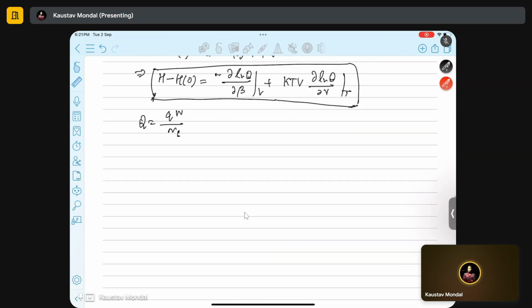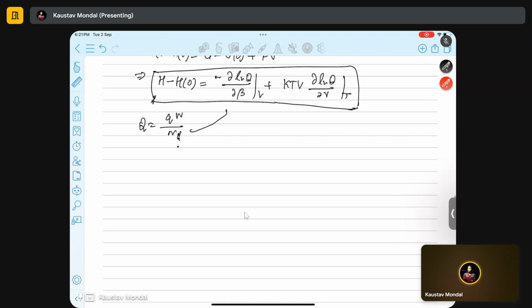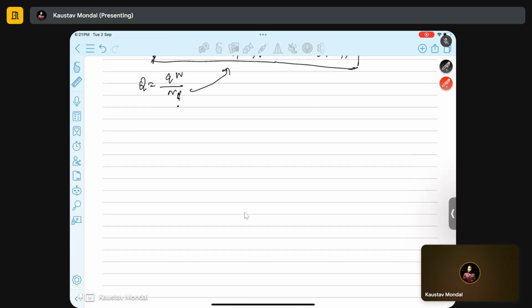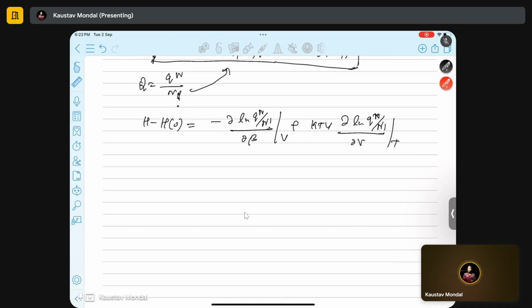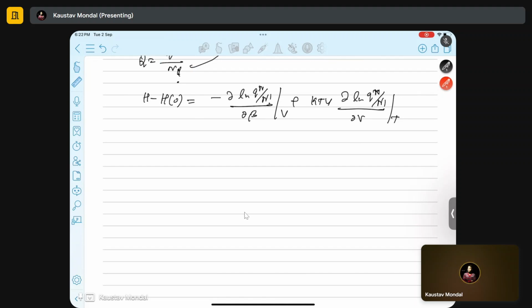Now if you substitute this expression into the expression of the enthalpy, you simply get H minus H0 equal to minus del ln of q to the power n by n factorial by del beta at constant volume, plus kTV times del ln of q to the n by n factorial by del V at constant temperature. Now you have to do a bit of mathematics here.